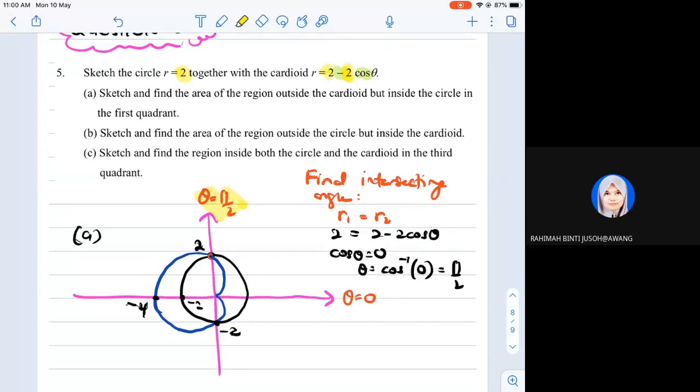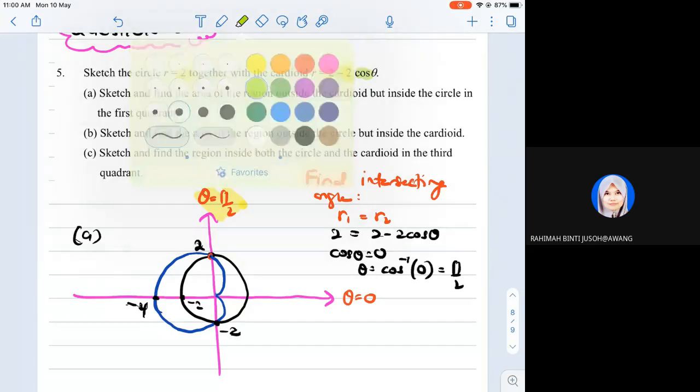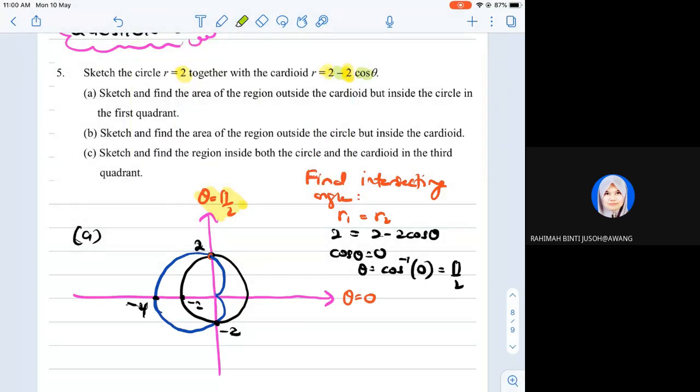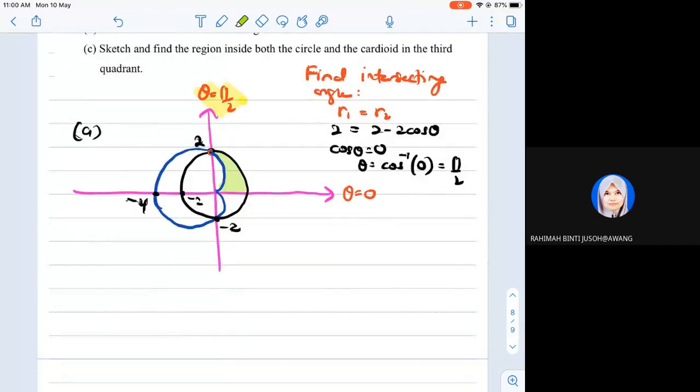Okay, now tengok balik soalan 5A tadi. Dia kata dia nak area of the region outside cardioid but inside circle. Of course lah dekat sini. In the first quadrant sebab tu, dia dah cakap dah first quadrant. So yang ni je lah. So senang kerja kita. Kan, luar cardioid, dalam circle.